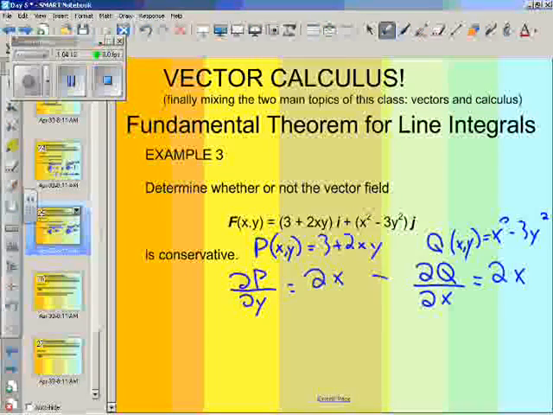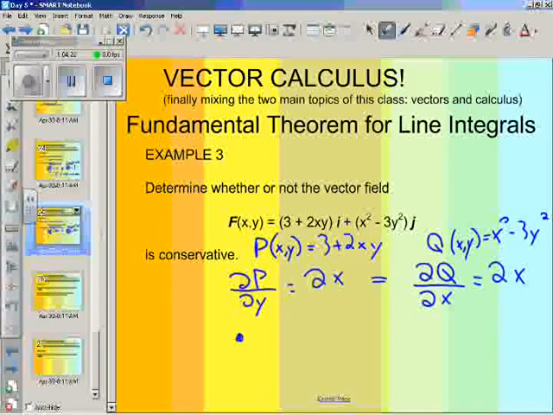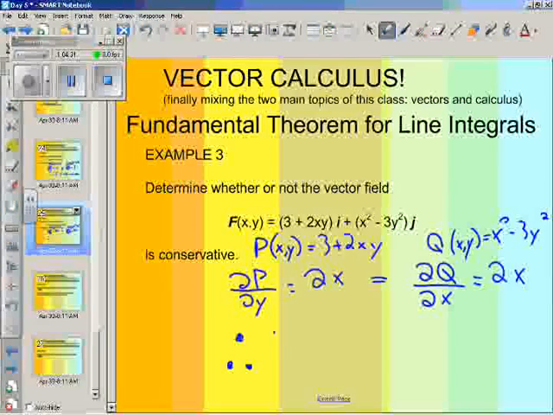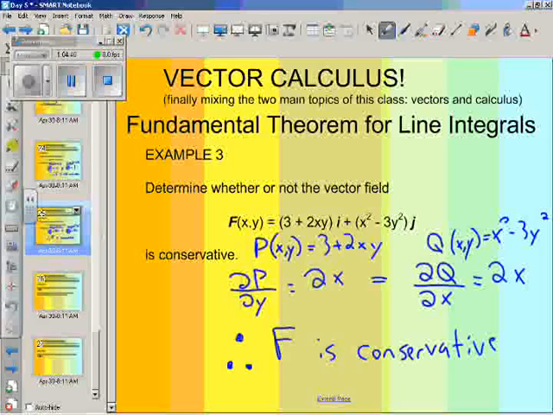So these two are equal, and therefore all we have to do is test to see if they're equal or not.